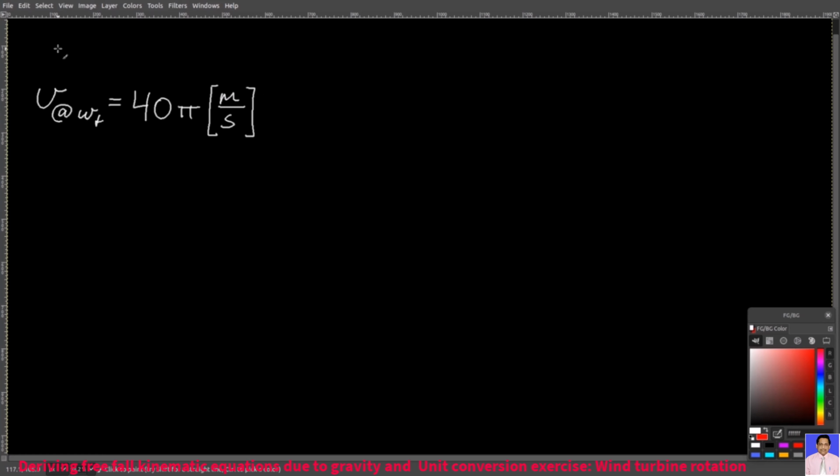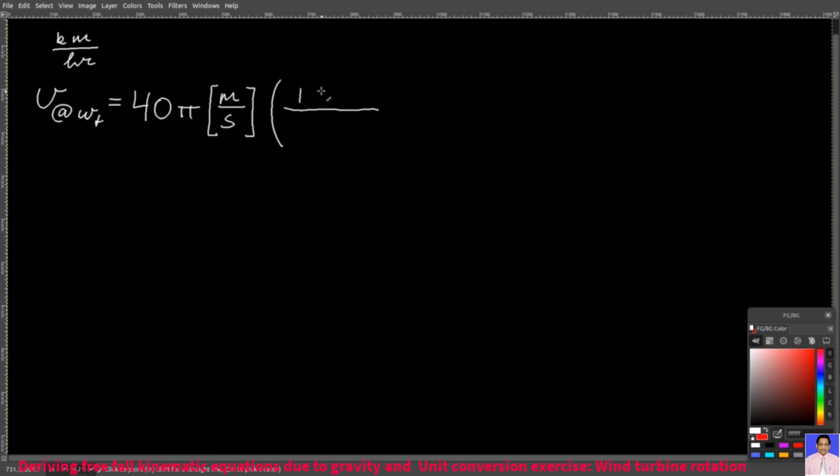Of course, this velocity at omega f radians per second is expressed in meters per second. But we needed to express this velocity in kilometers per hour. However, it's very easy to make this conversion. Again, we're going to take this 40 pi, which is in meters per second, and multiply it by a ratio.